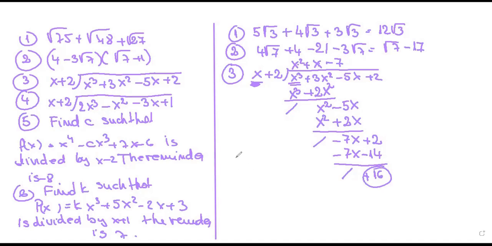So we can write x to the power of 3 plus 3x squared minus 5x plus 2 equals x plus 2 times x squared plus x minus 7, plus 16. Okay. Is it clear?